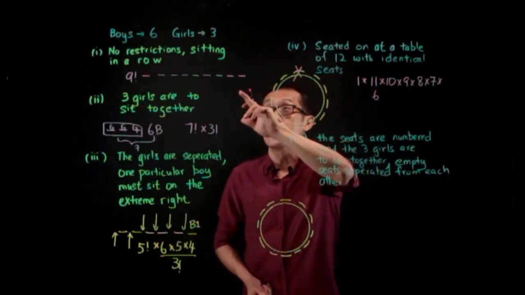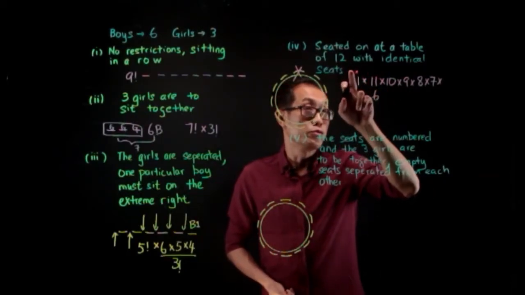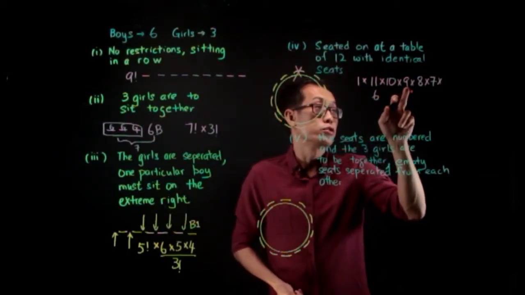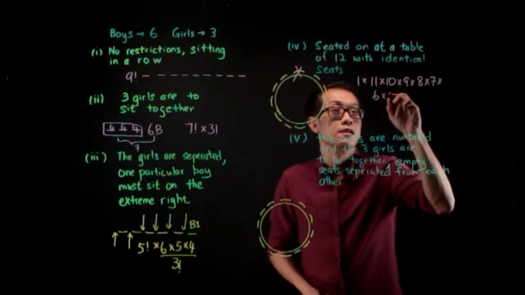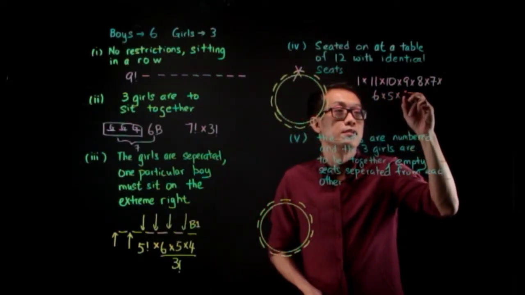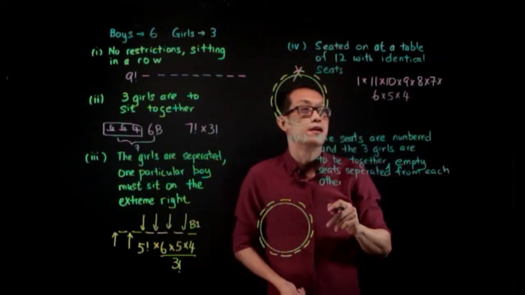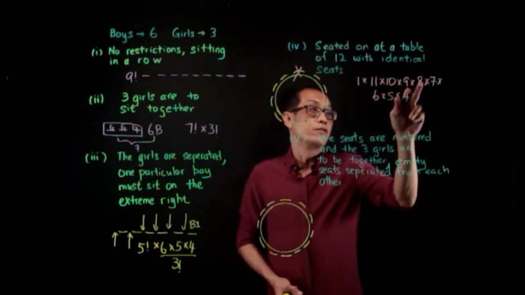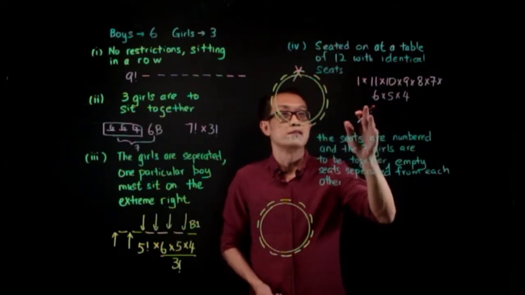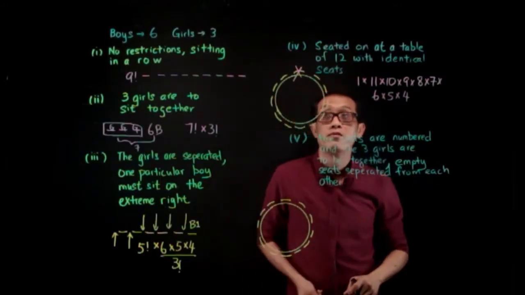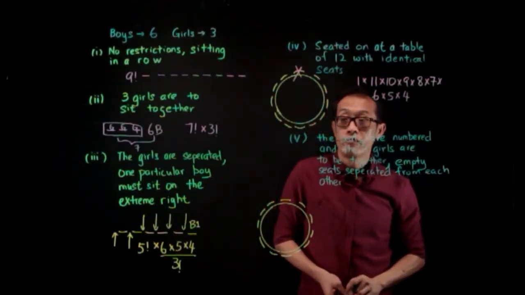So altogether there are 8 of them, because you take away the first one. 1, 2, 3, 4, 5, 6, 7, 8. Alright, that should be your answer for part 4.